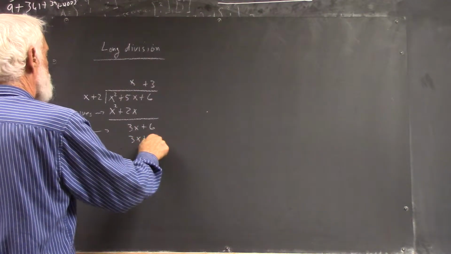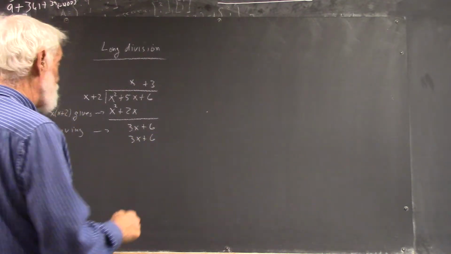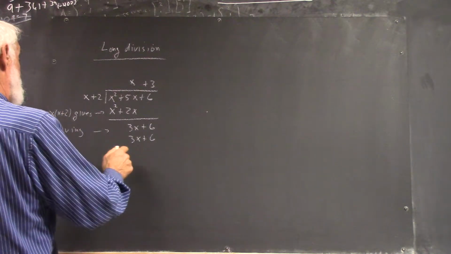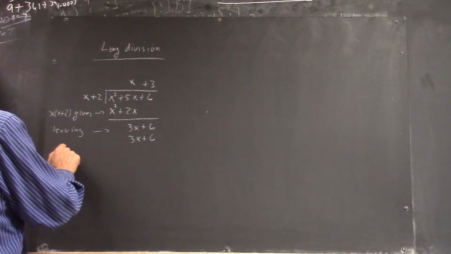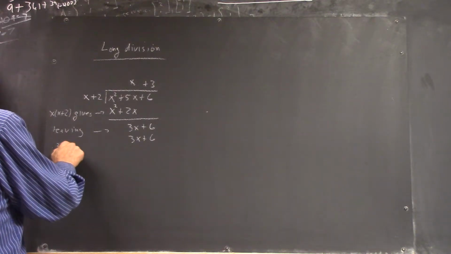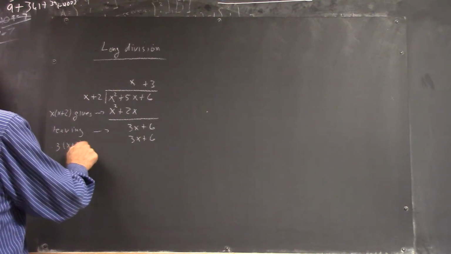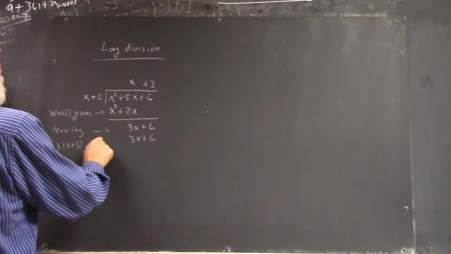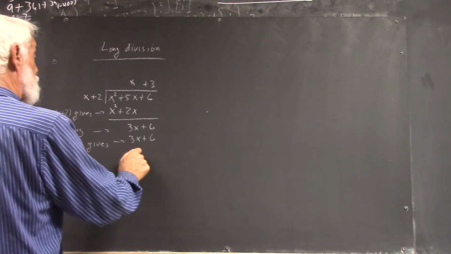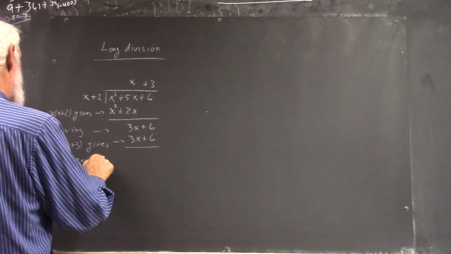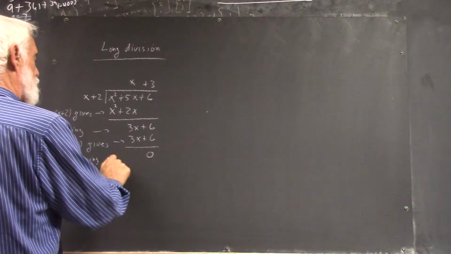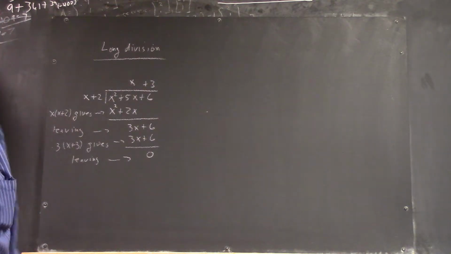I get 3x plus 6. So 3 times x plus 2 gives this. Leaving 0, right?